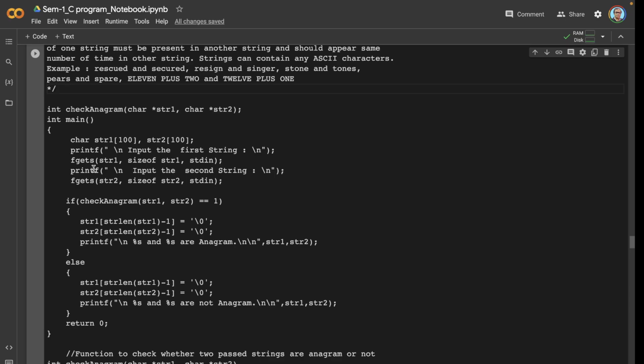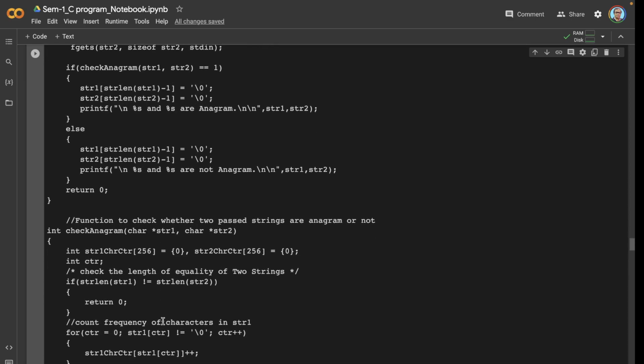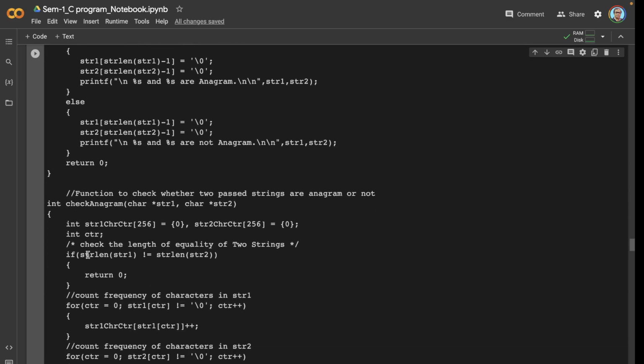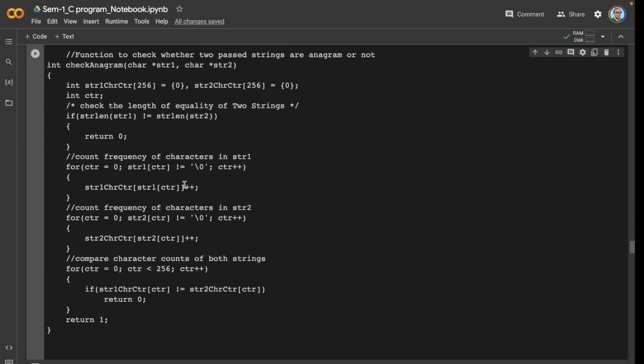Printf input string 1, fgets string 1 with size of string 1 and stdin, and then input the second string, string 2 with size of string 2 and stdin. Then we call the check anagram function. This is the check anagram function.